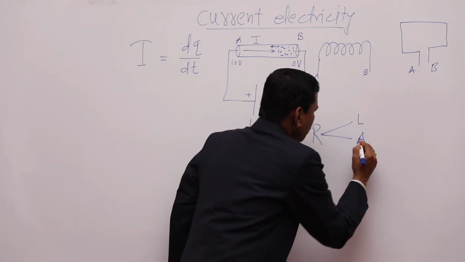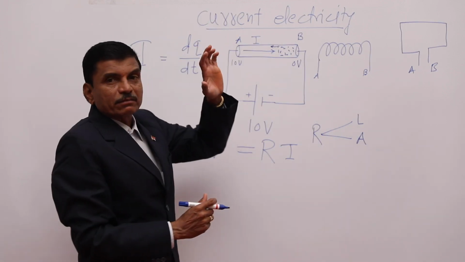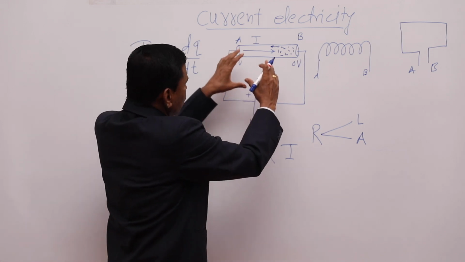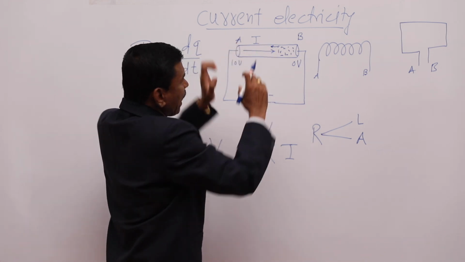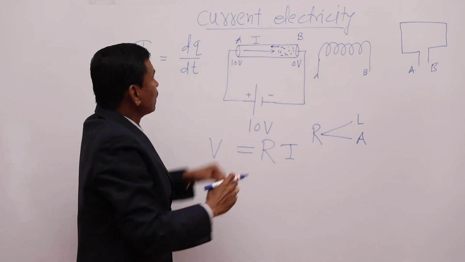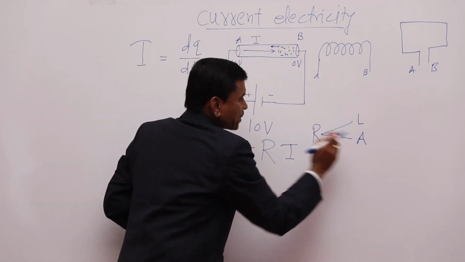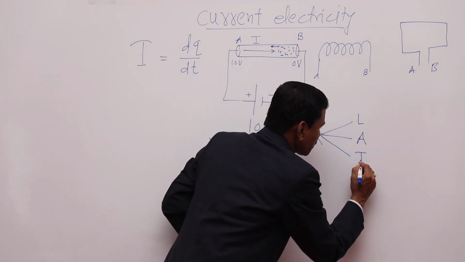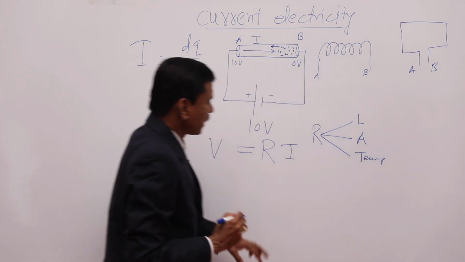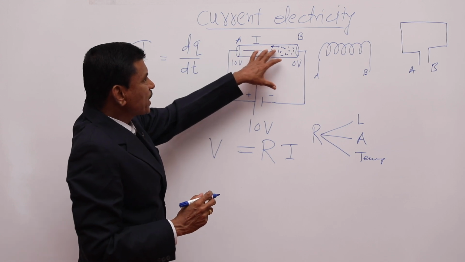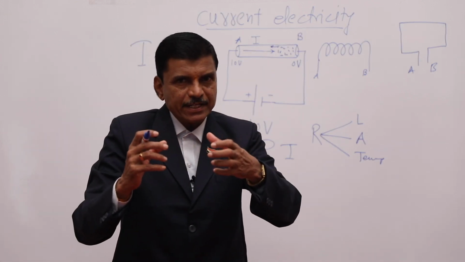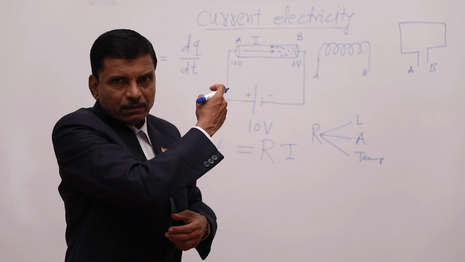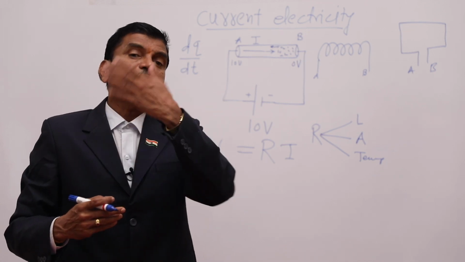Secondly, it will depend upon the area of cross section of the conductor. See, if we take a broader or thicker wire, a thicker conductor, the resistance will decrease. Then the third point, resistance will depend upon temperature. See, if the temperature of the conductor increases, the atoms will vibrate vigorously and the electron while running will collide more times.